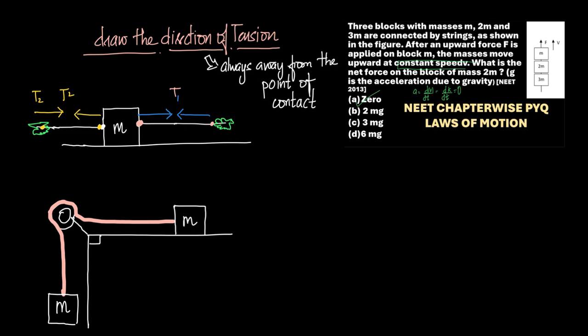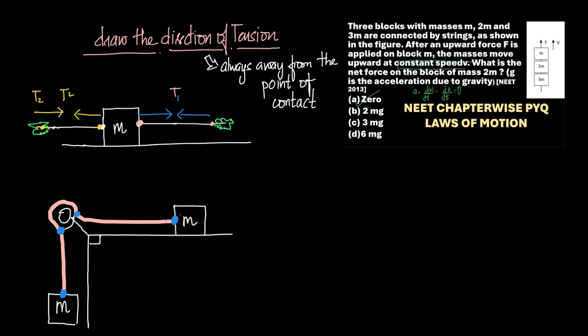See, now this is only one string, right? There's only one string present here, so the overall magnitude would be T. Now for the direction, let us first identify the points of contact. The point between the string and the block is one point of contact. There is one between the string and pulley here, another between the pulley here, and the third one again between the pulley and the block, right?